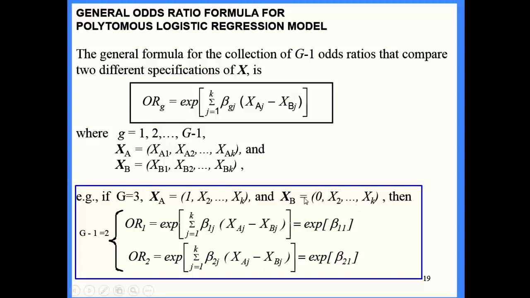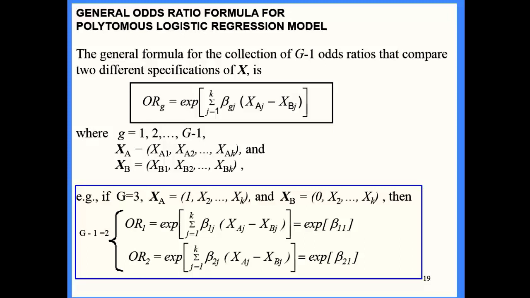But person A has the same values on every other variable in the model as person B. That's what this says. X2, X2, XK, XK. Person A and B differ in only one way. One is exposed, the other is unexposed. Other than that, they're the same on all the other variables you're controlling for in the model. That means you're talking about controlling for these other variables.